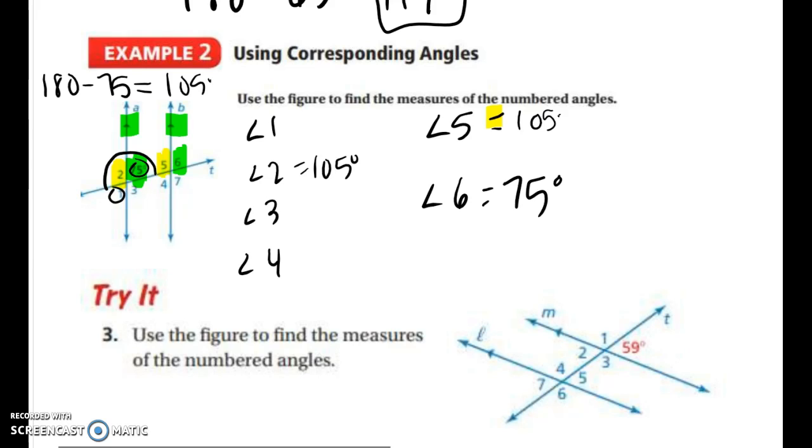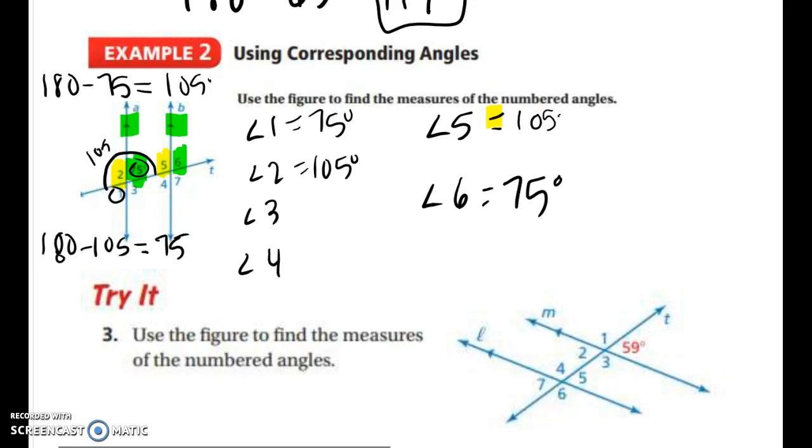And so if 75 degrees is here, then directly across from it is also 75 degrees, which means that angle 1 is 75 degrees. And again, we can check that because if angle 2 was 105, we could do 180 minus 105, and we get that 75-degree angle. So either way works. Both are correct, whichever way is easiest for you to remember.